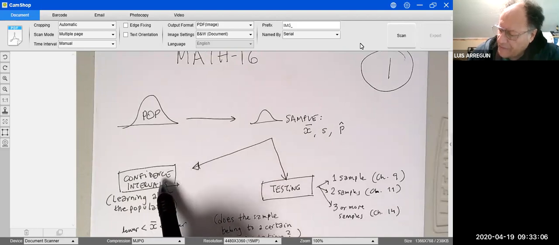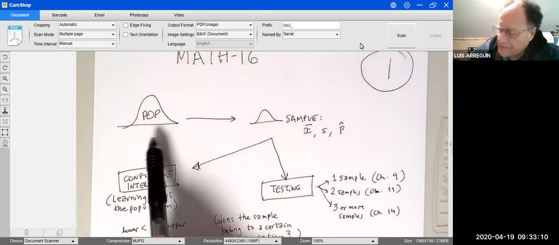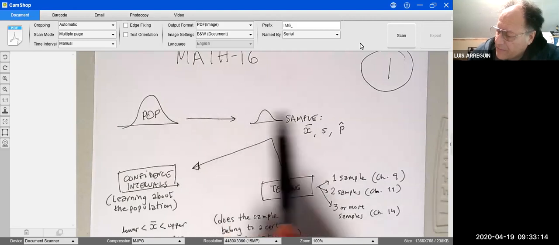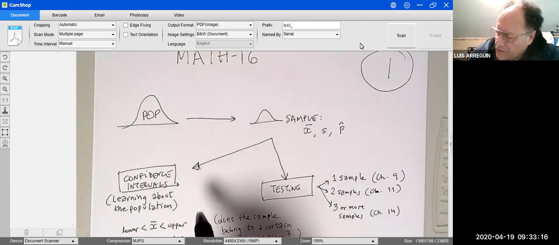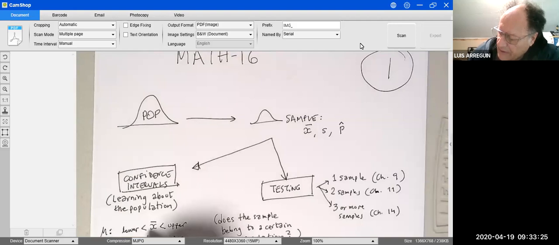So these confidence intervals were created to learn about the population, because remember, we don't know anything about the population most of the time. So we use a sample to learn about the population. So we can learn, for example, about the mean of the population by computing a confidence interval. So in other words, we need a lower limit for the mean and an upper limit for the mean, and we're going to use the mean of the sample as part of those computations.